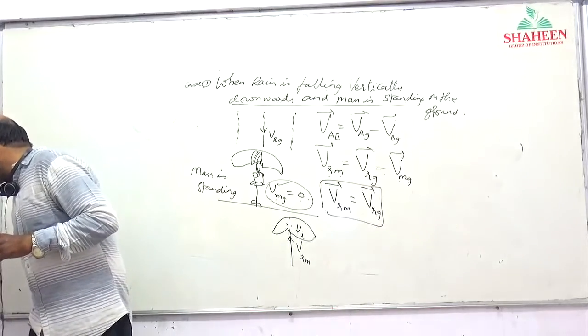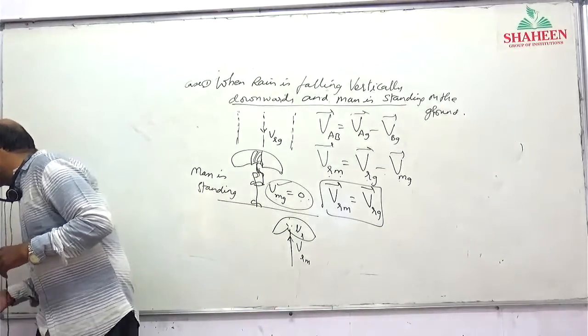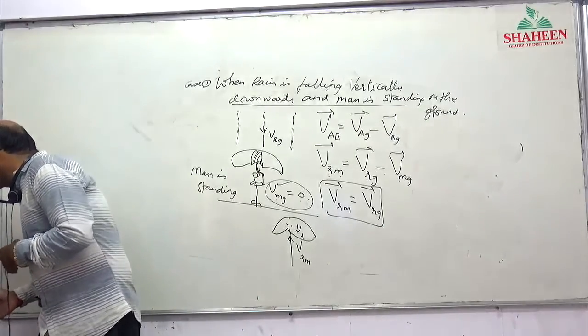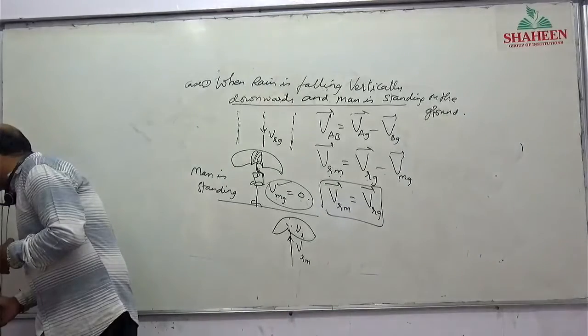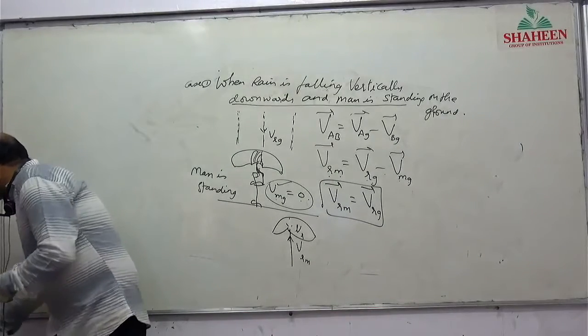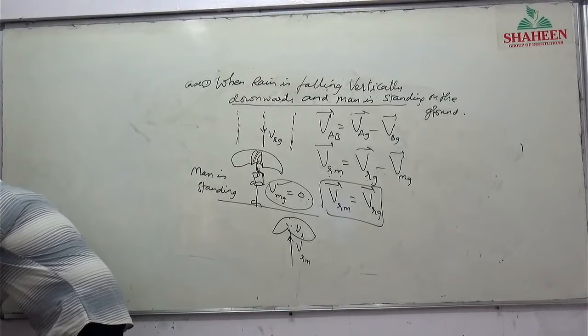Have you copied this one? First case, have you copied? You can write the V bar now. You can copy. You understood now, all of you? Each and every student must understand.